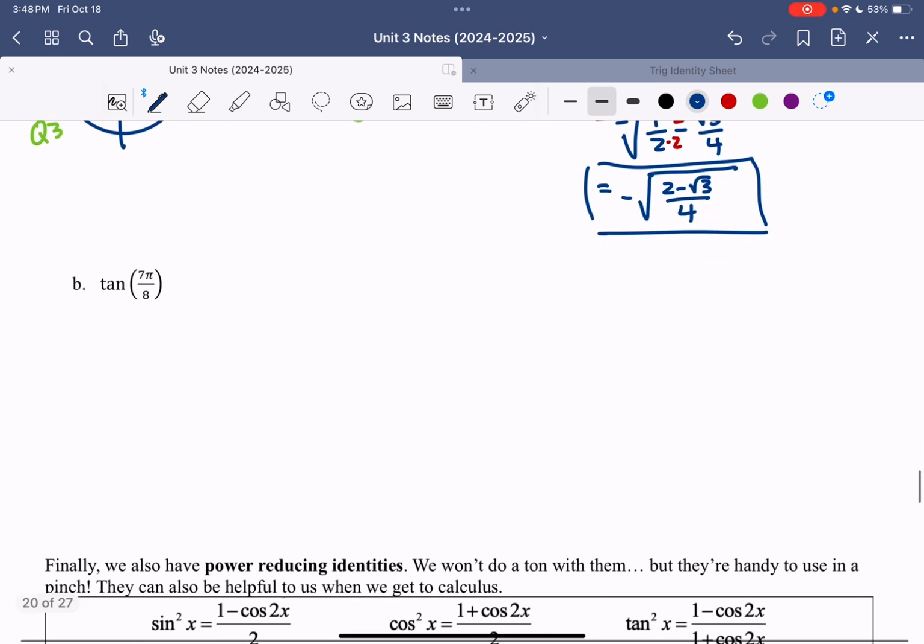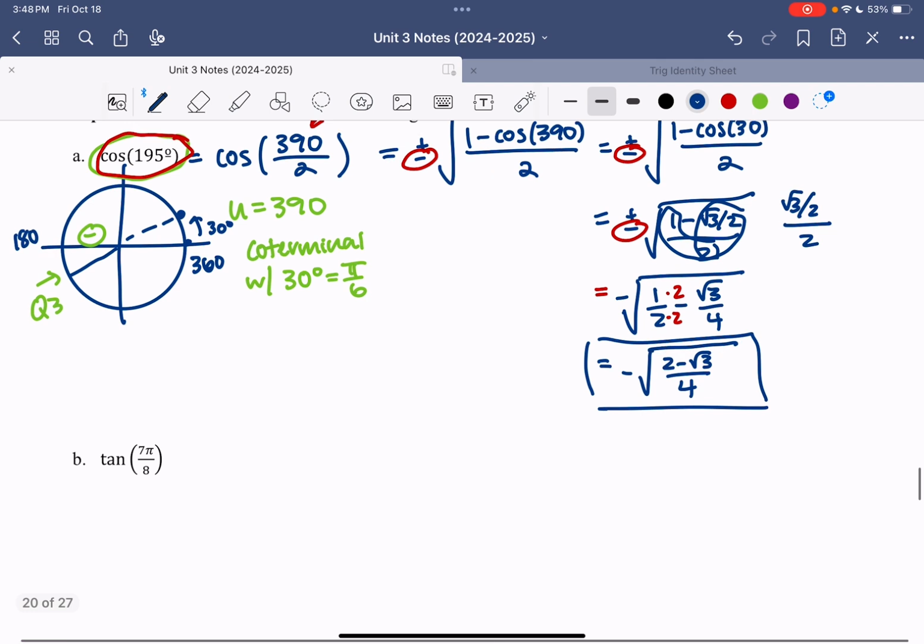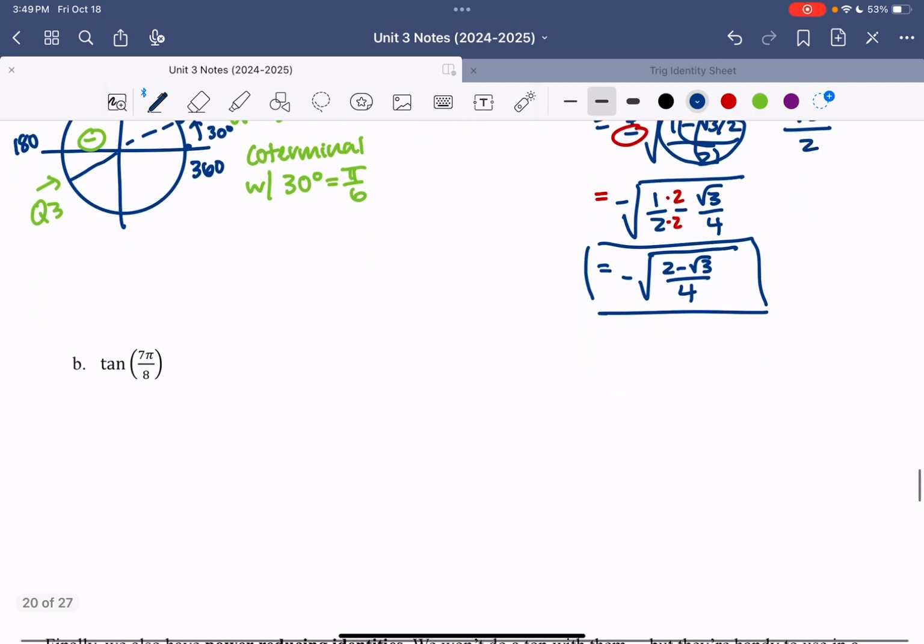Okay, so we're going to look at tangent of 7 pi over 8. You'll notice that that first one was in degrees, the second one is in radians, but we're still going to use our half angle identities to do that, because I know that pi over 8's multiples are not our unit circle values, but pi over 4's are.